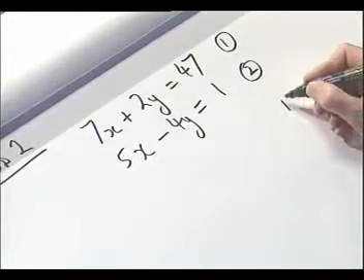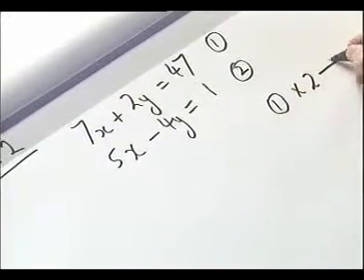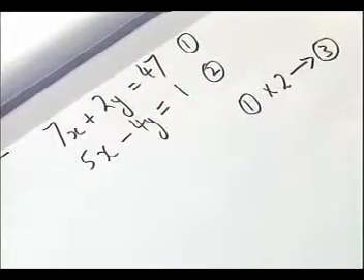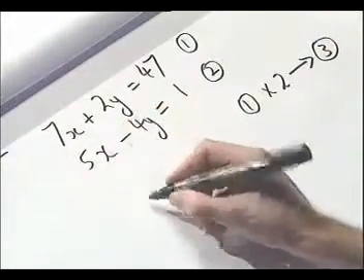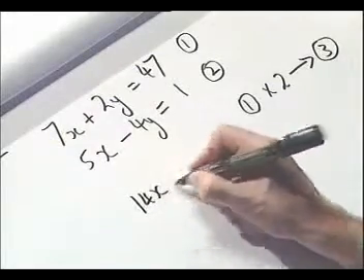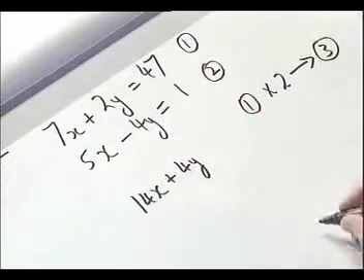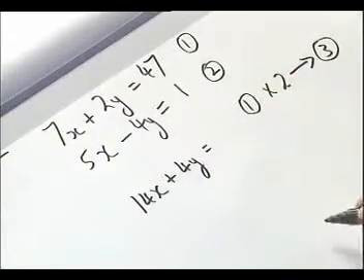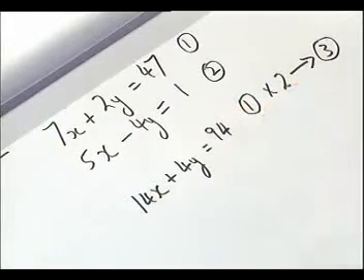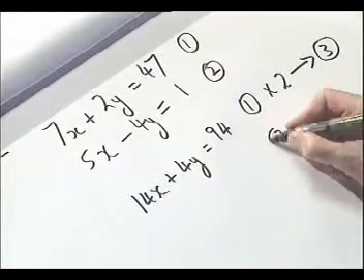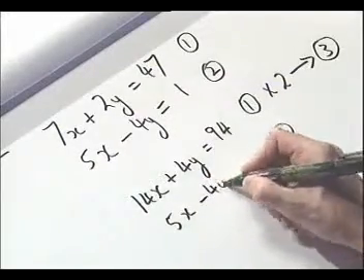So I'm going to multiply the first equation by 2, and that's going to lead me to a new equation, 3. So let's do that. 2 times 7x is 14x, plus 2 times that is 4y, equals 2 times 47, which is 94. Now equation 2, I'm leaving as it is, not going to touch it.